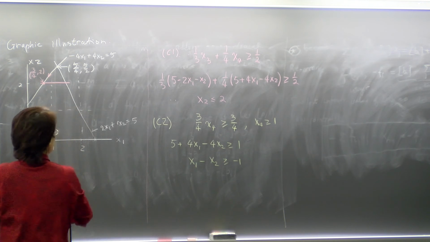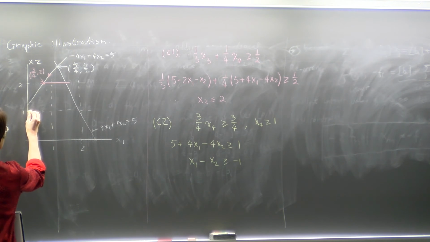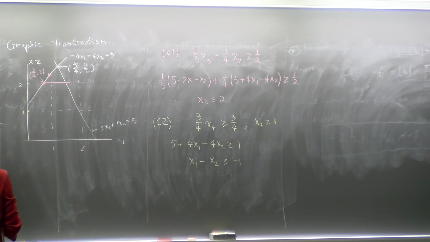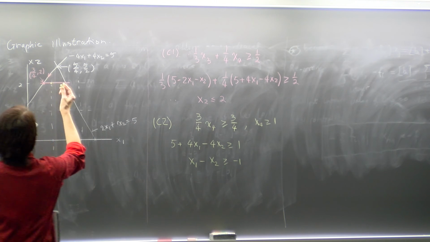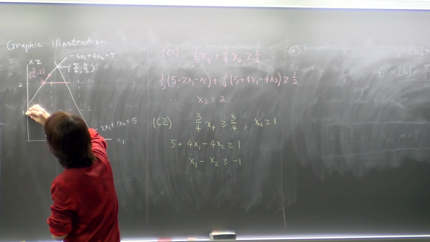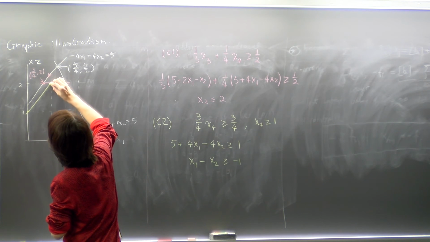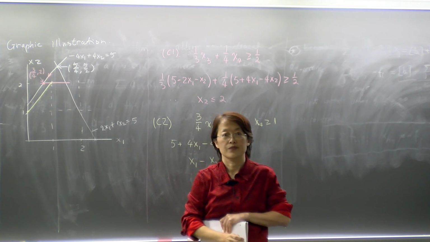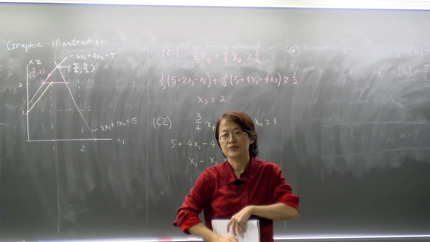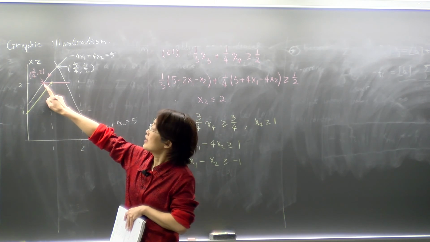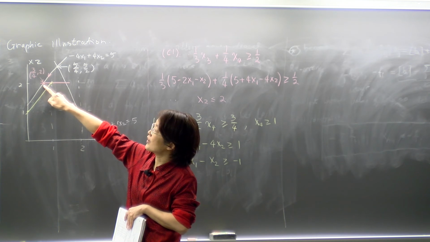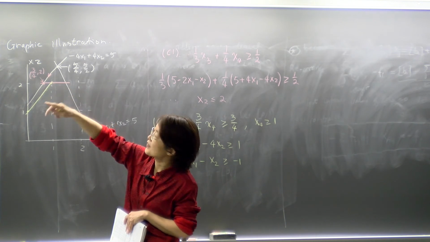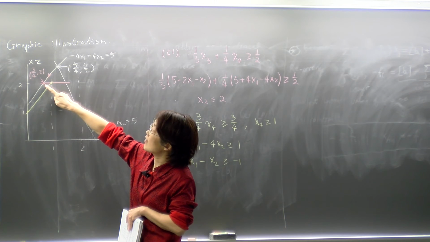So that one goes through the point, if you put the equal sign, 0, 1, it goes through, and also 1, 2, it goes through. So it cuts right here. Is that clear? So that second old optimal point from the previous step is now not feasible.